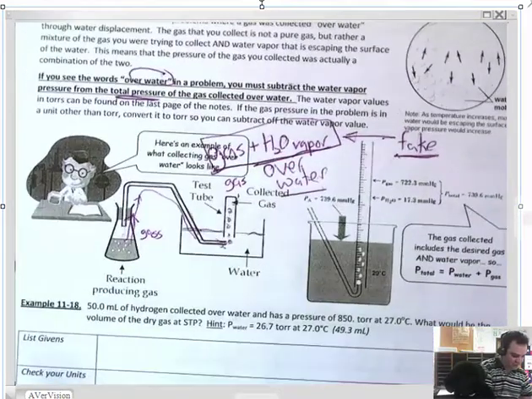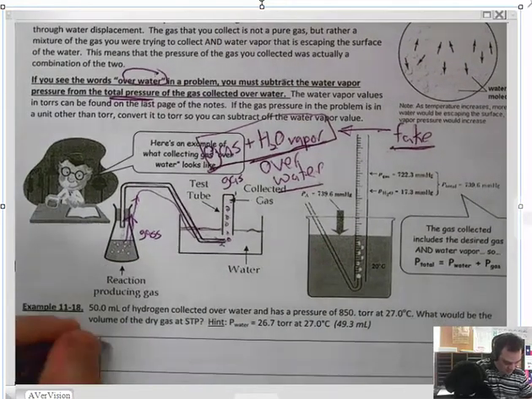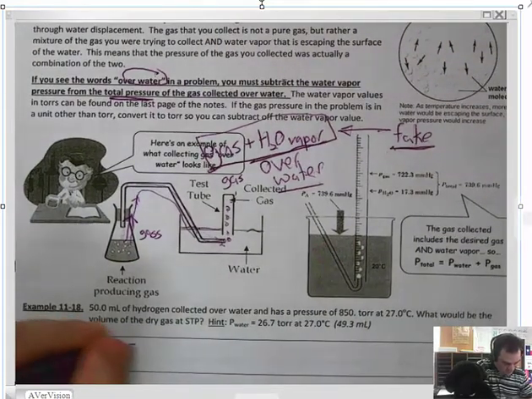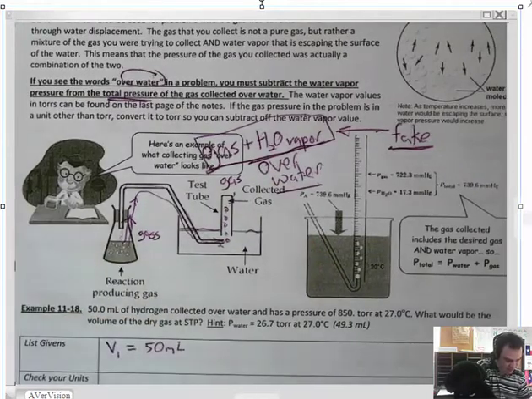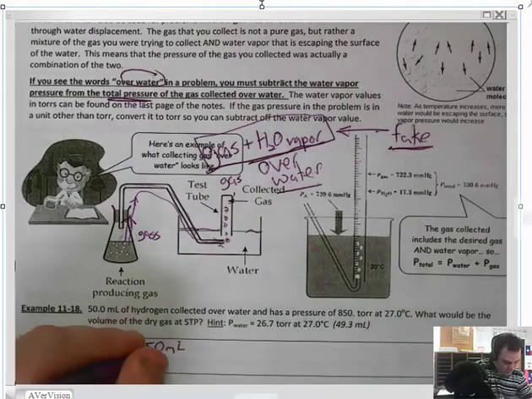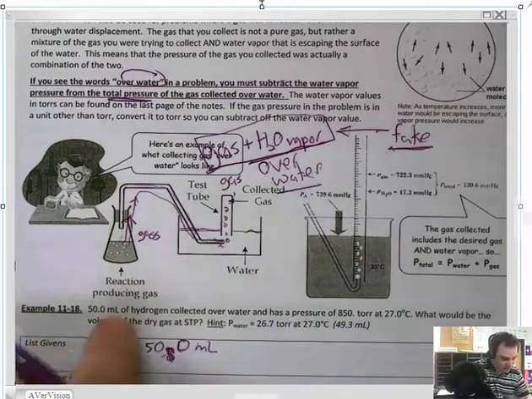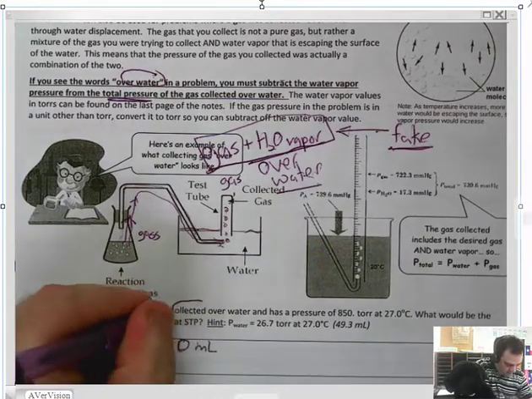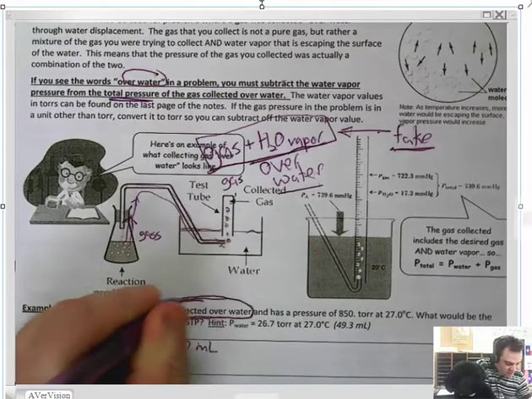Ready? 50 milliliters of hydrogen. So V1 is 50 milliliters of hydrogen, collected over water. Those are key words.